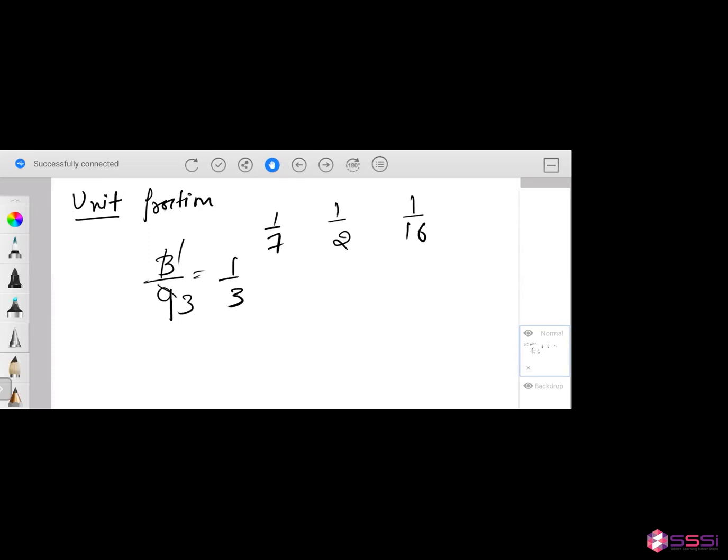Okay, Divyanshi. Now, what are like fractions and unlike fractions? What are like fractions? Those which have the same denominator.